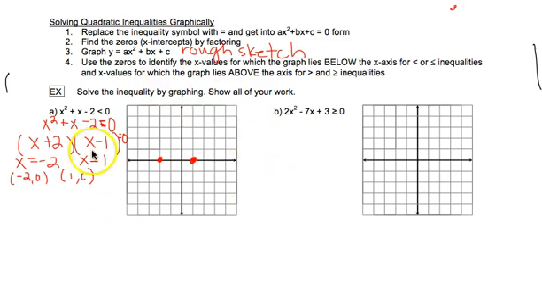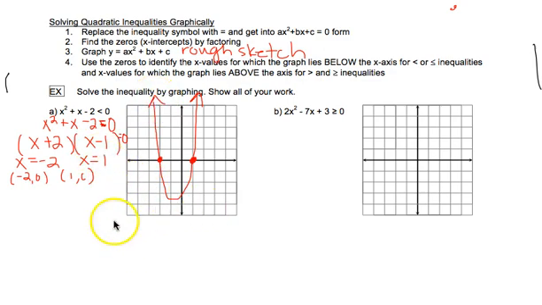I put these here so I would remember to graph them, but really you don't need to count out anything except for the x-intercepts. So you don't even need a scale on your y-axis. What you do need to know is which way it opens. In this case, because it's a positive a, because it's 1, we know that it opens up, and I know that my vertex should be about halfway between those x-intercepts as far as the x-coordinate, so I'm just going to draw it like that.